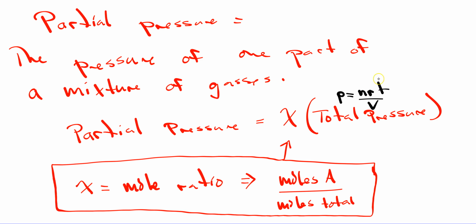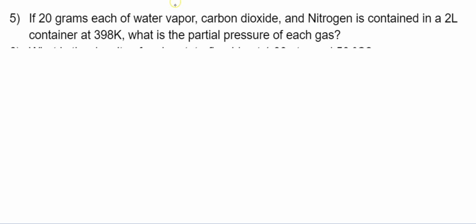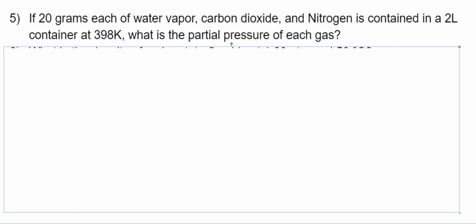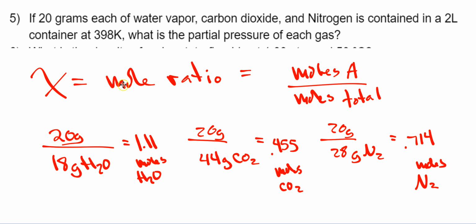Now to find pressure in this problem, we just use PV equals nRT like we've been doing all day. All right, so the first step that we need to do, and I've already done it, will be to find the mole ratio of each thing. So if I come back to this page, I did most of this math already. So the mole ratio, once again, it's the moles of A over moles total.